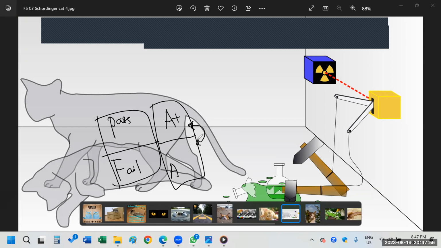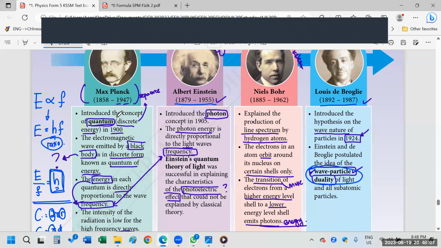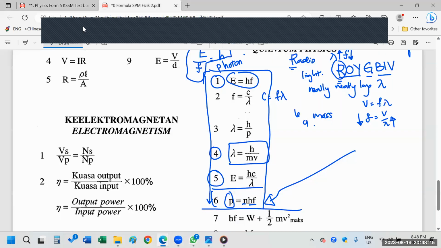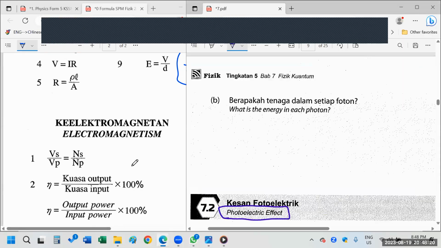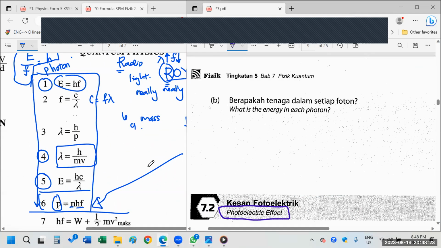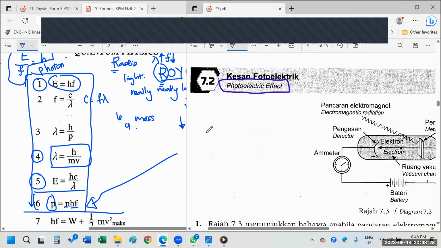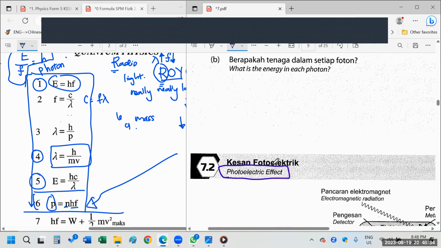Before you test it, it's Schrödinger's cat. Every subject is Schrödinger's cat. So that's Schrödinger's cat, that's wave-particle duality.